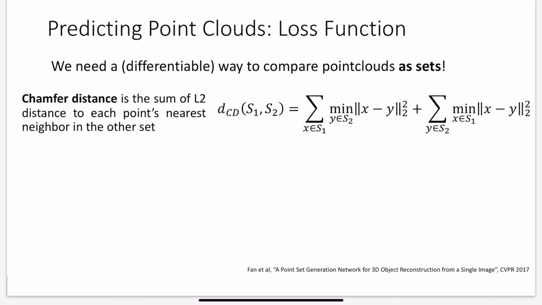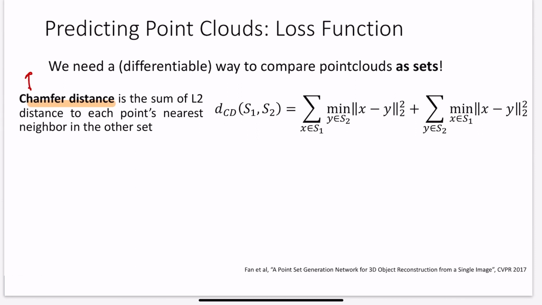In fact, this is very similar to that, so please check it if you're interested. Anyway, in point cloud learning, we just use the chamfer loss, which is the sum of the L2 distance from each point to its nearest neighbor in the other set, defined like this.